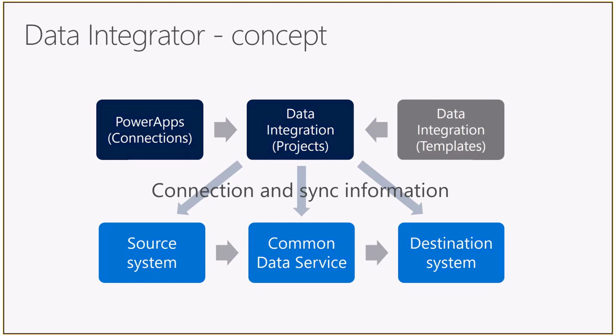So from these templates, you create the projects. Now all of these projects can control how data is synchronized from a source system to the common data service, and then to the destination system. The source system, in this case, could be the sales system, and the destination system could be finance and operations. Of course, it could also be in the other direction, so the source system would be finance and operations, and the destination would be sales.